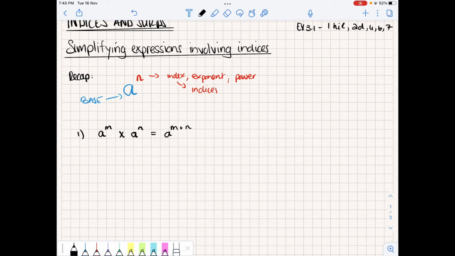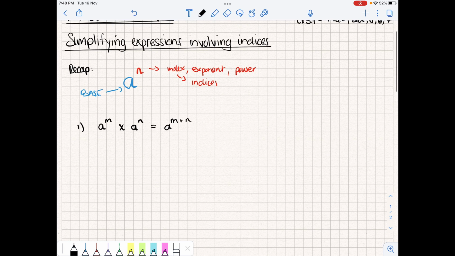So if we raise a base to a power and we multiply that by the same base to another power, we just add the exponents. That was the most simple and basic rule we would have learned.